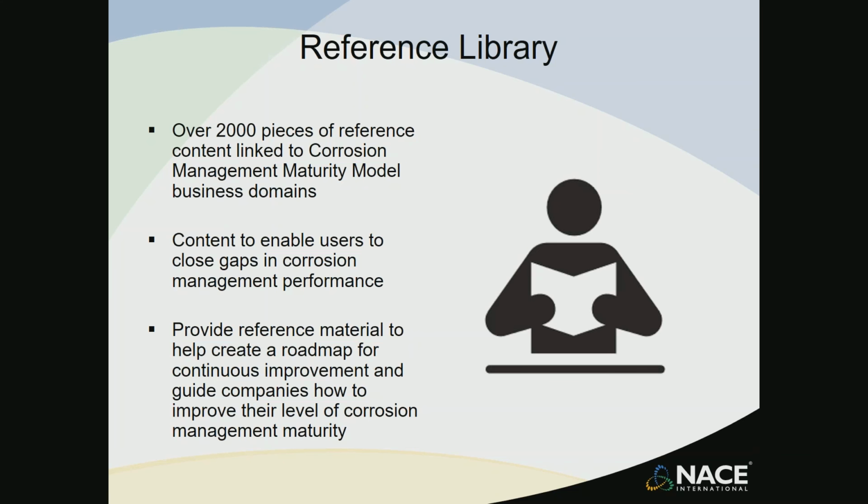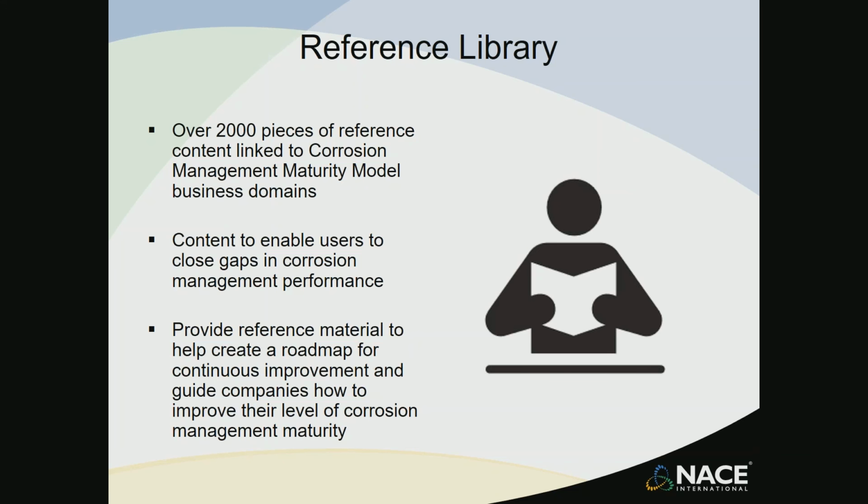These are business processes. So there could be any number of pieces of business information in that reference library that could help you in closing that training gap. Not the specific technology of corrosion, but the process of how to develop training.